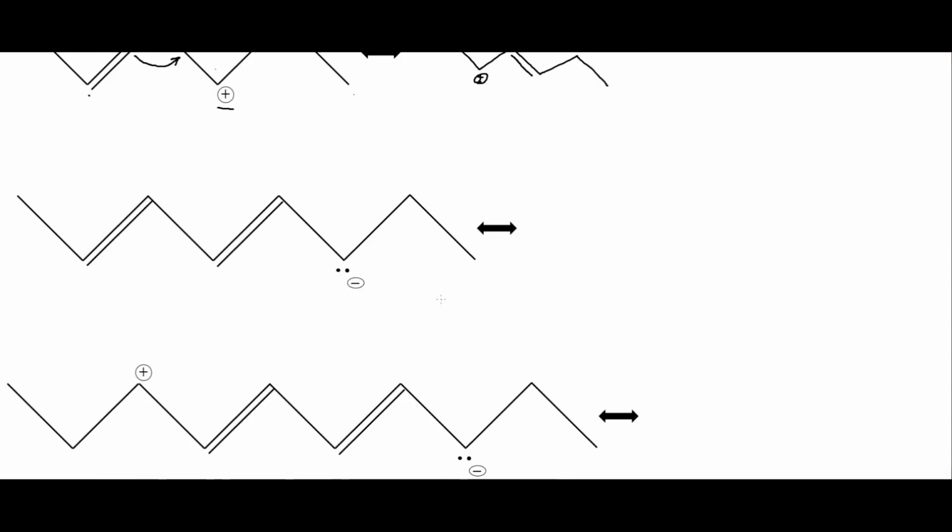All right, and so then we come to this, and now we see that we can actually have multiple resonance structures, or more than two anyway. So we can have this collapse down here. This moves up onto there. So now we have 1, 2, 3, 4, 5, 6, 7, 8.